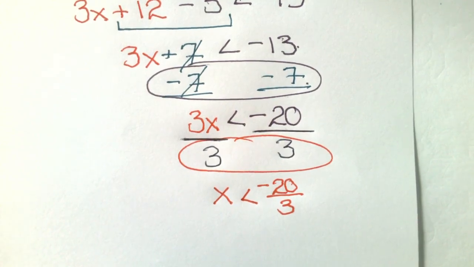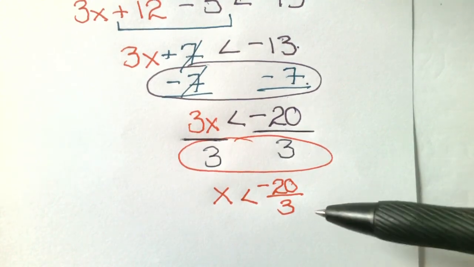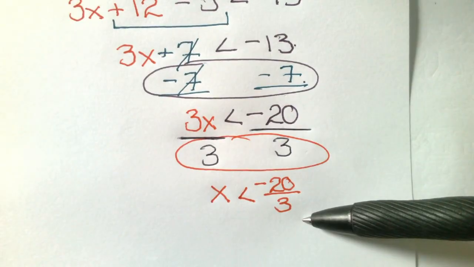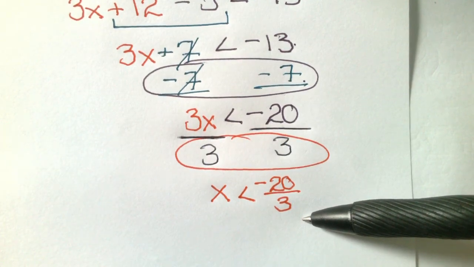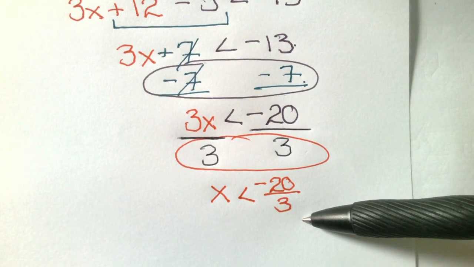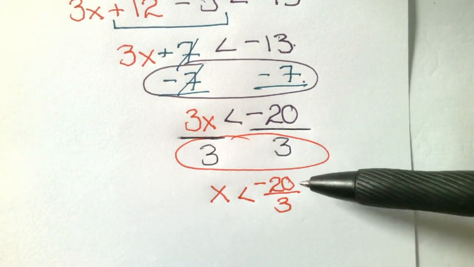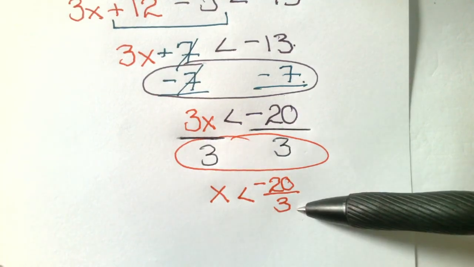Okay, so our answer is going to be x is less than negative 20 thirds. Because if I do the division of this, it's going to give me a really long and really bad number. You'll know it if you try to divide it. So I like to keep it as exact as I can.